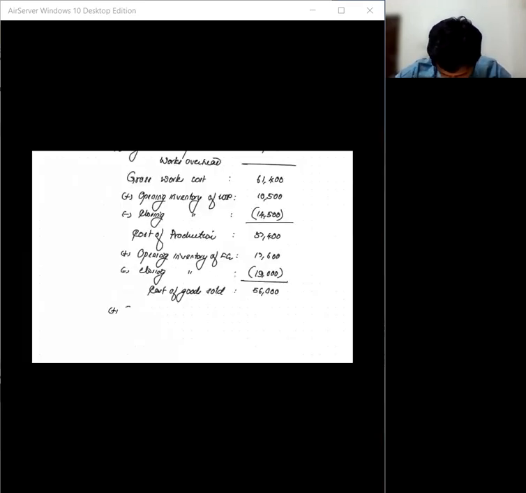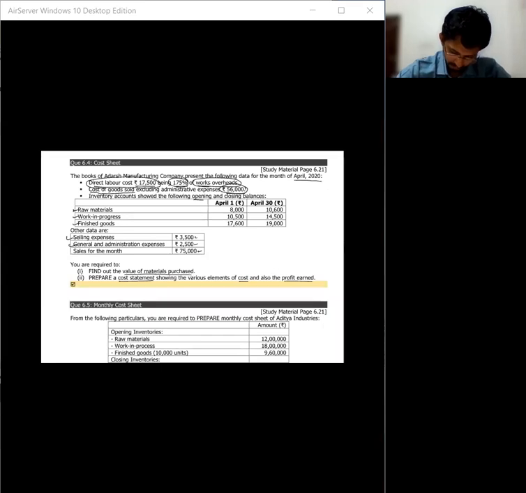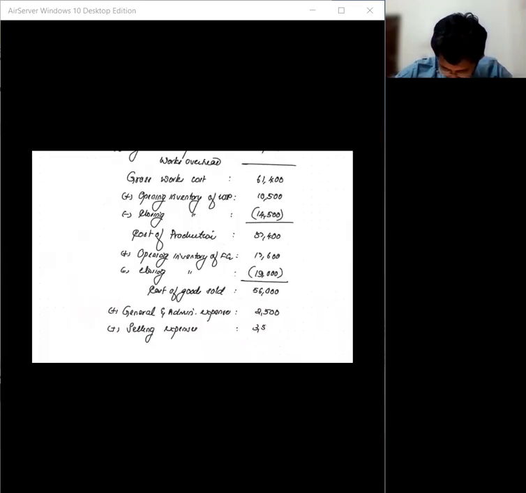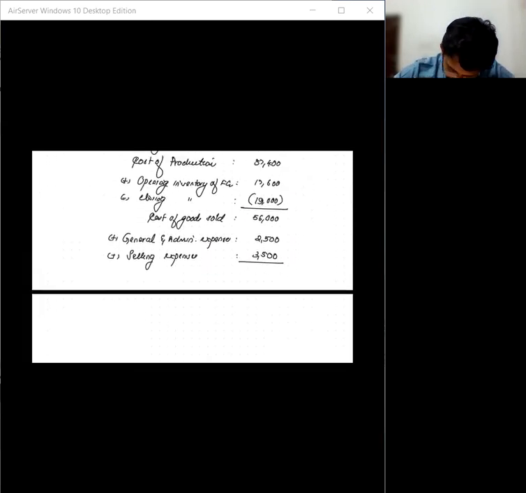General and administration expense is 2,500 and selling expenses 3,500. So total cost of sales will be 56,000 plus 2,500, 58,500 plus 3,500, that is 62,000.